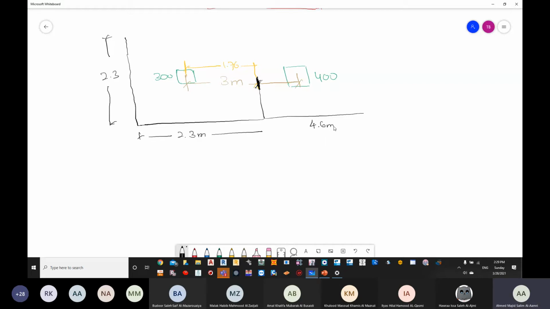So what I tried to do is find my center of loading, and I kept that center of loading to be the center of the foundation itself. Now we know that the length of the foundation is 4.6.